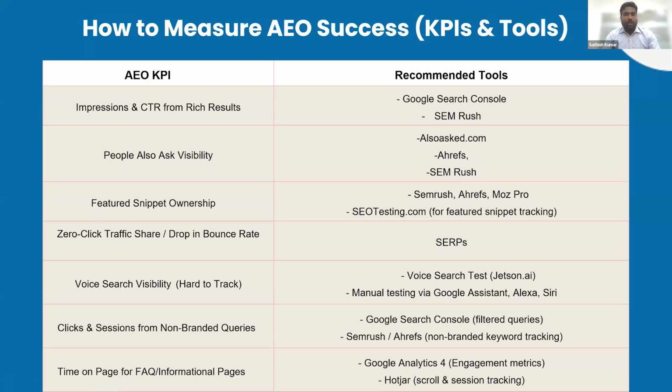And you can see how customers are using your site compared to before implementing AEO, especially the FAQ section, and whether there are any changes in user behavior. As I said earlier, there is no direct way of measuring AEO success. These are some indirect ways to see how your AEO is performing.